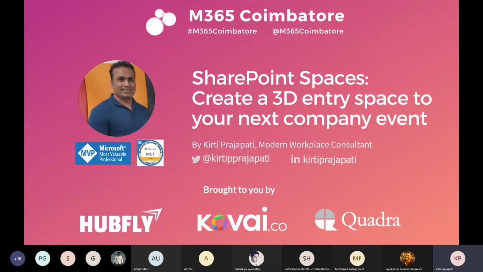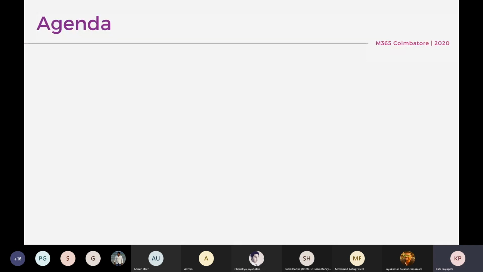As most of you know, SharePoint Spaces is a new feature introduced by Microsoft back in 2018, and now it is available in preview for SharePoint Online. Spaces brings mixed reality experiences and a lot of possibilities to interact with content, which could be anything: text, image, video, or anything you can consider as content, using mixed reality headsets or without headsets.